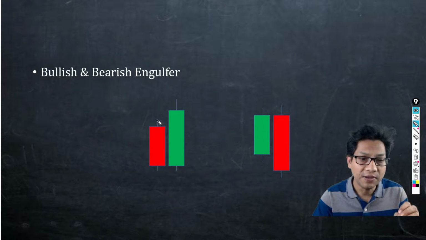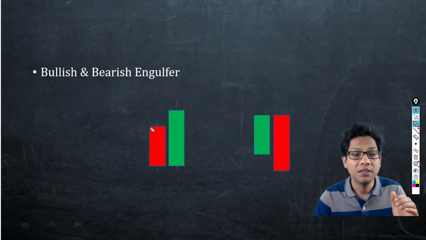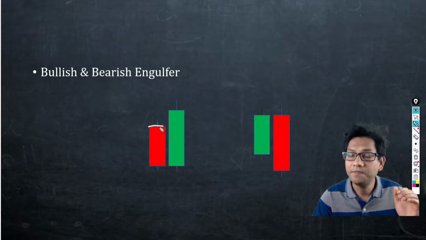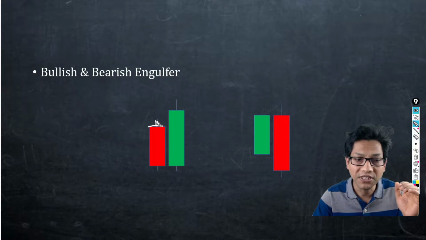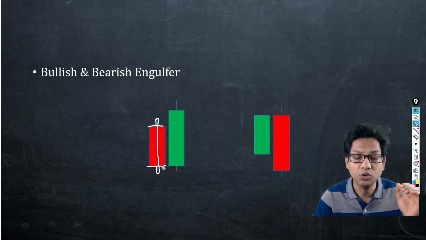So say if you consider this a daily chart, this is 1 day's candle, and this is the next day's candle. The previous day the price opened here, the buyers pushed the price a little bit high, and then the sellers came back, pushed the price this low, and the price closed here. So this is basically a selling candle.